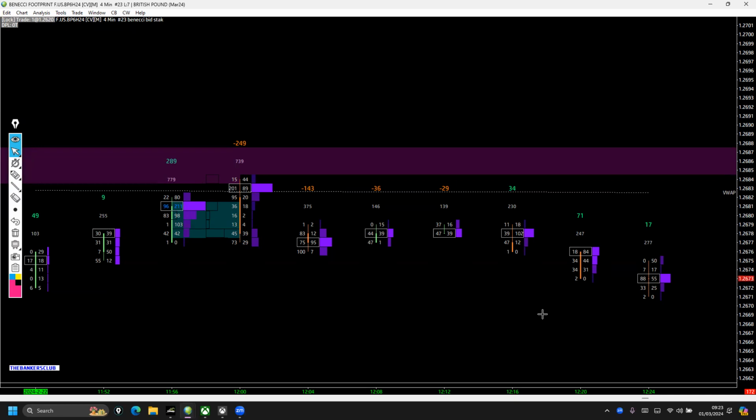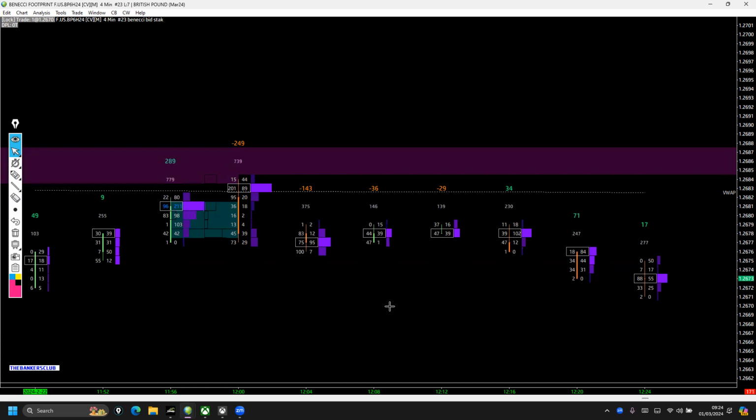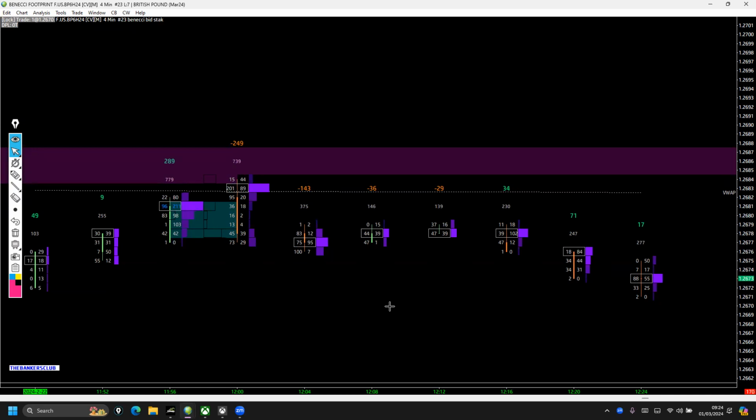Then we want to see that absorption from the passive limit orders getting filled, transition to aggressive selling by market participants, which can then cause imbalances in price, or price inefficiencies, as it drops lower fast. And it can create opportunities to scale in positions or add positions on pullbacks to that kind of area.